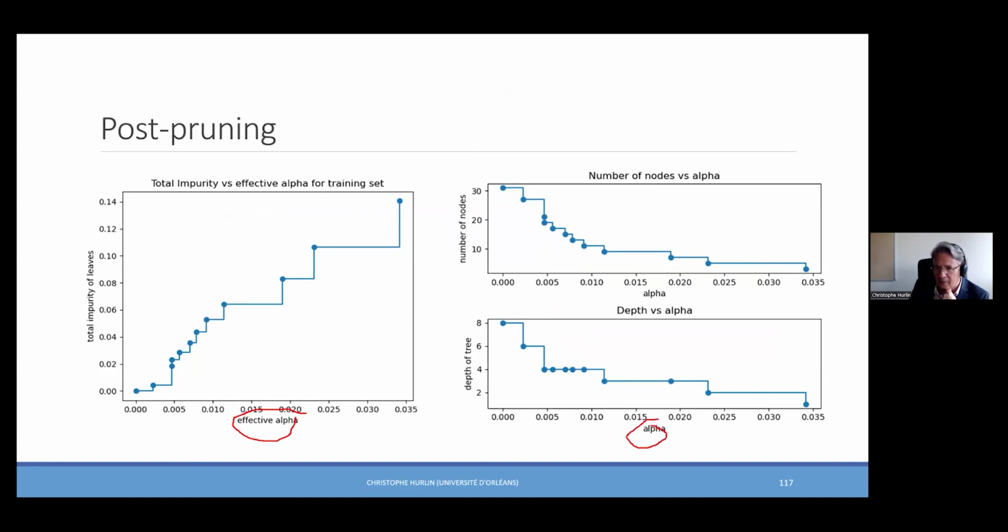So this is alpha, and this is the depth of the pruned tree. Could you understand this graph? If I put a value alpha equal to 0, then the depth of the tree is equal to 8.